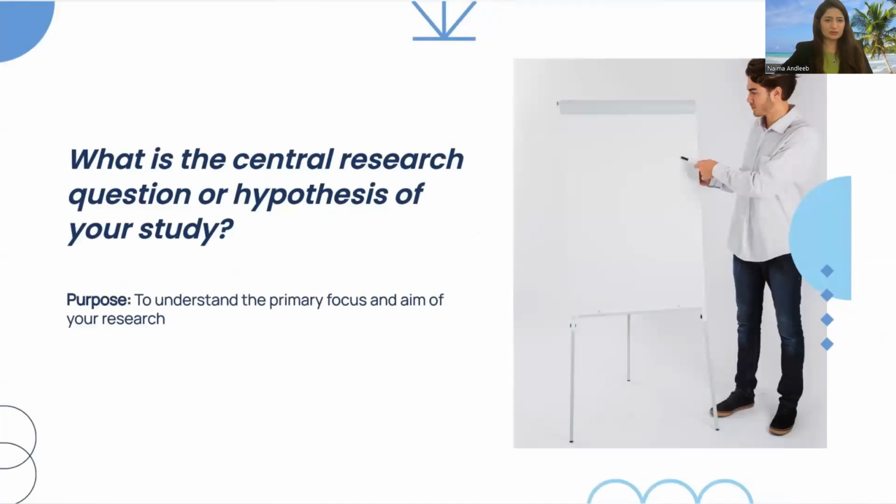Yes, from the next question, what is the central research question or hypothesis of your research? For the central research question, you need to explain what is the main research question of your hypothesis. Let's suppose you are doing a study on your work, and your work includes different questions and different hypotheses.